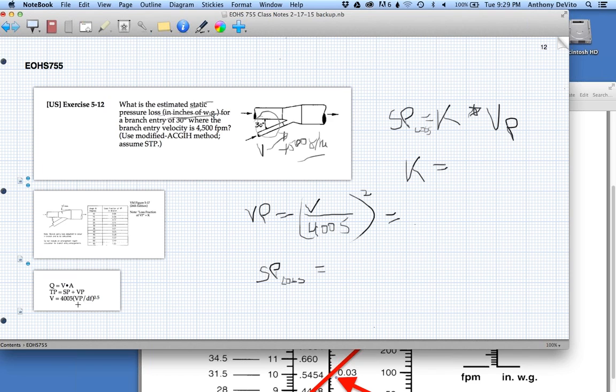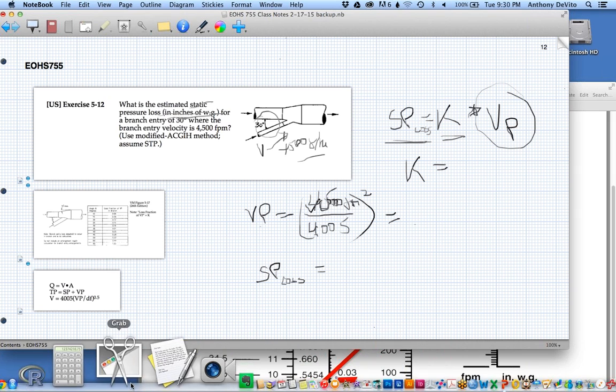We know what the velocity is, so we can calculate the velocity pressure. The static pressure loss is equal to K times the velocity pressure. What's the velocity pressure equal to? It's equal to the velocity, 4,500 feet per minute, over 4,005 squared. Okay, good.